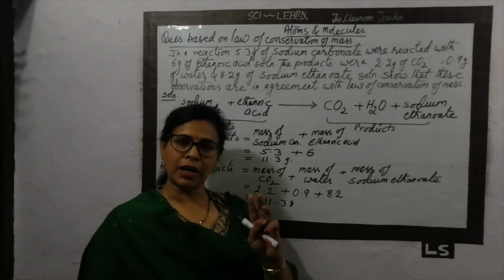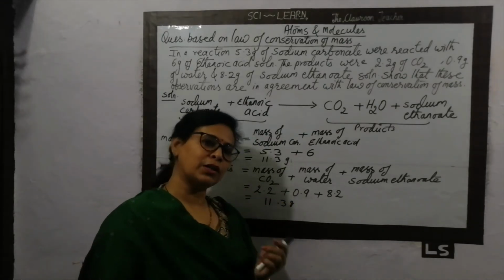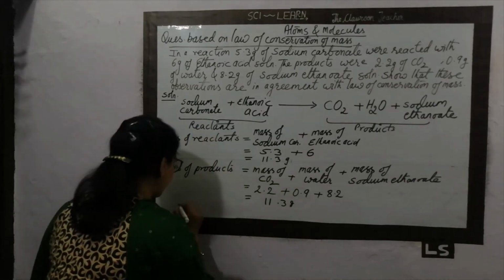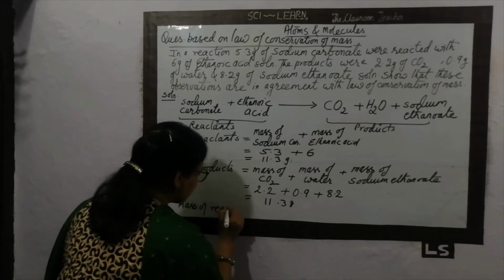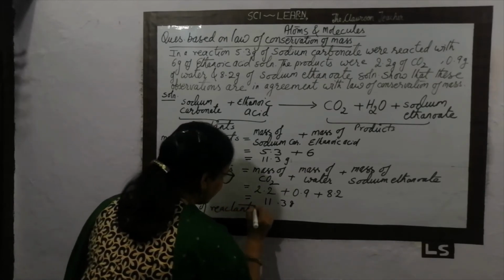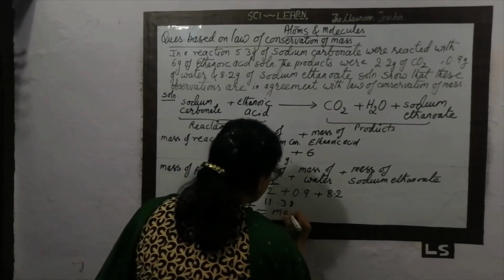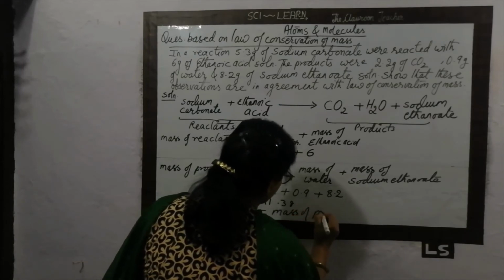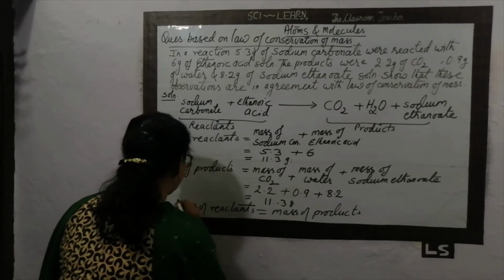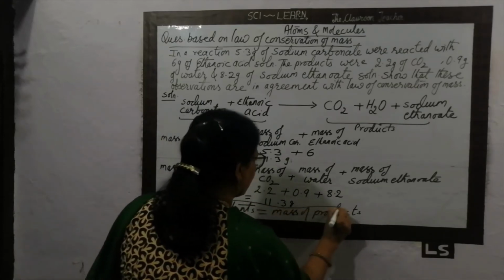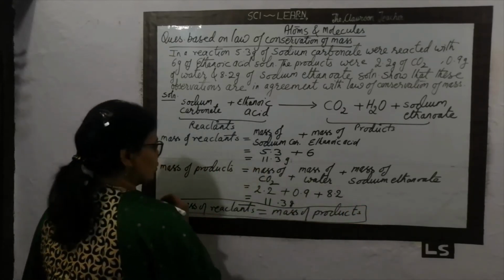It means the mass of reactants is equal to the mass of products. So here we write: the mass of reactants is equal to the mass of products.